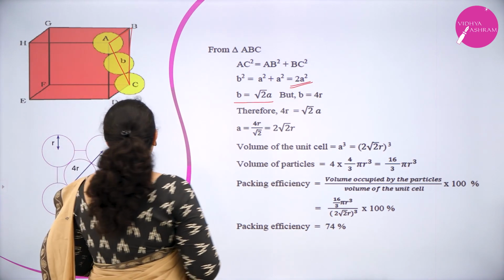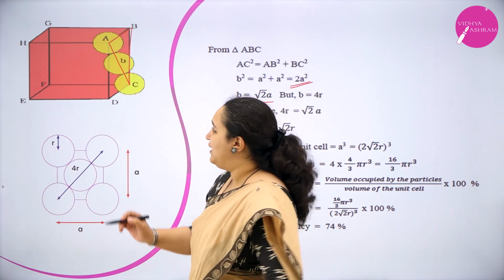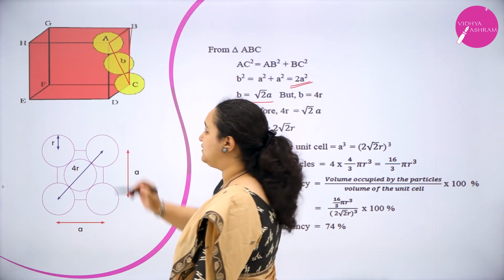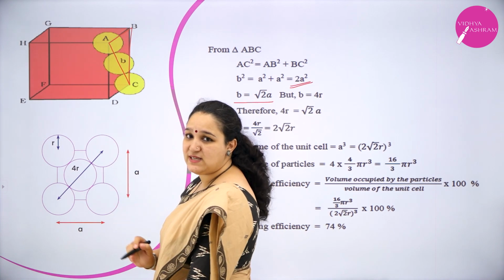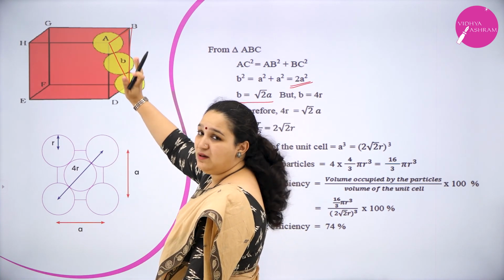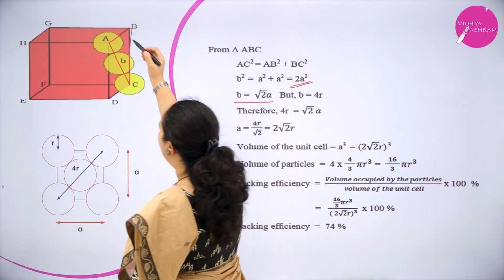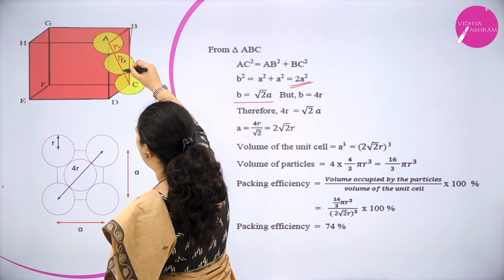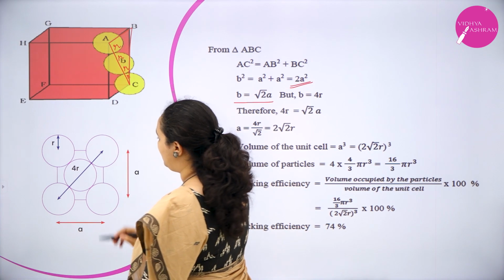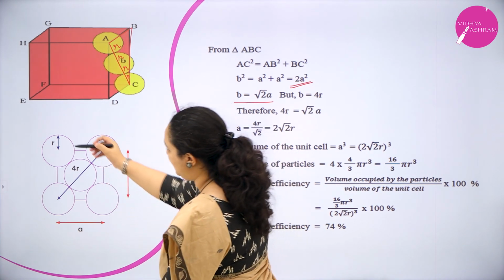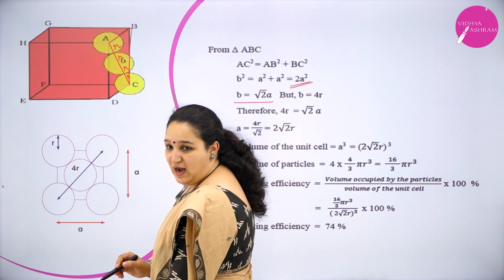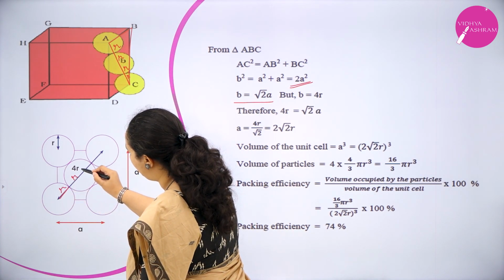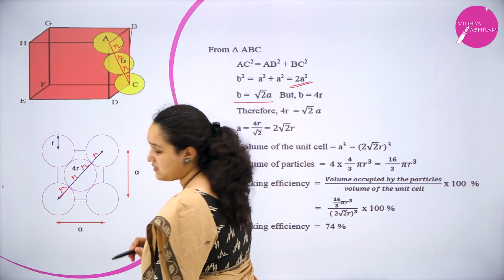Now also, if you observe in the diagram, I told you all the three particles are touching one another, the corner two particles and the face centered particle in one particular face. Now here the radius is considered to be r. So it is r plus r plus r plus r, or more clearly you can see the radius of the atom is r. So here one radius r, diameter is r plus r, and one more radius is r.